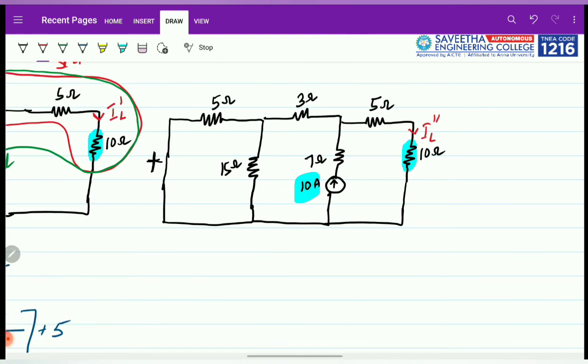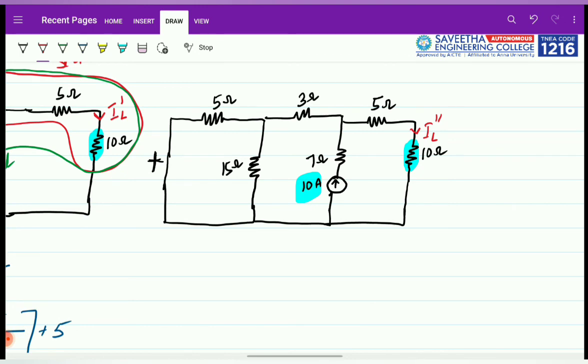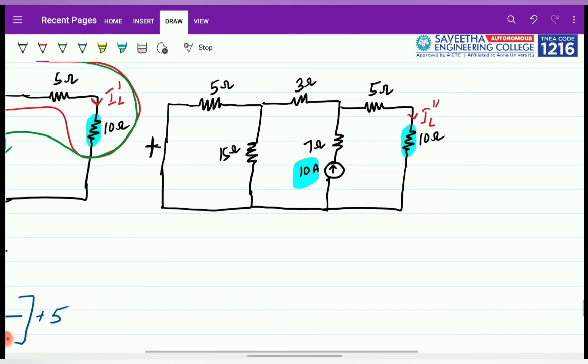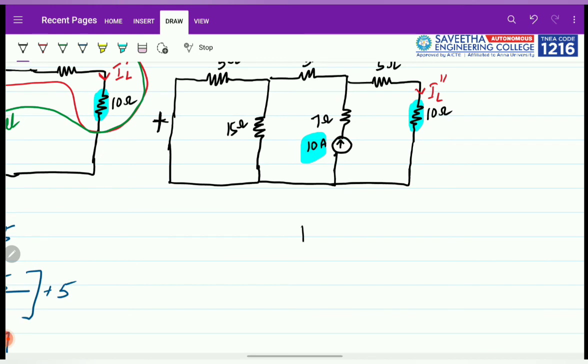So here this circuit can be redesigned, because here also we can use the current division rule. Redesigned in a simple way, we have a resistor here and a current source which is of 10 amperes, and this is 7. So there are two networks going on.